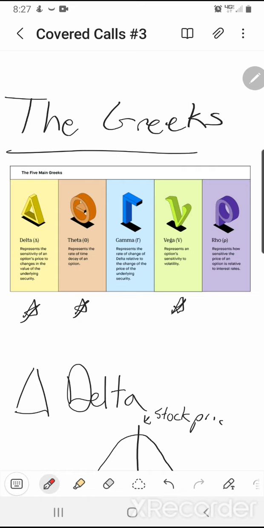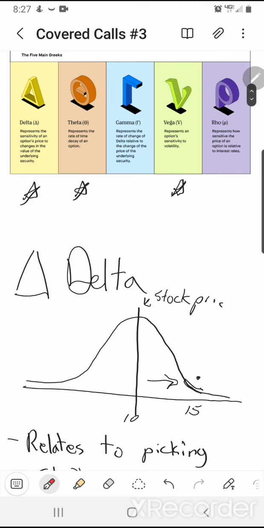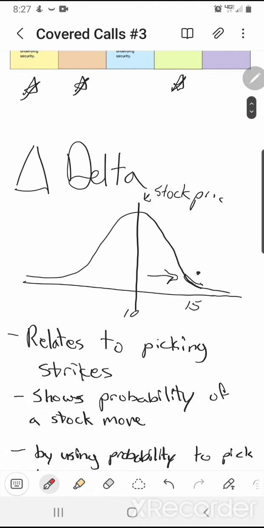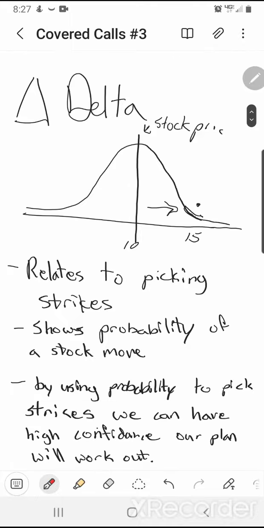But what you need to know is that the engine is there and how it makes the car move. So the Greeks, we want to see what they do, how to understand them. We can read them on the option chain, and what they do to price, and what changes in them will do to price.